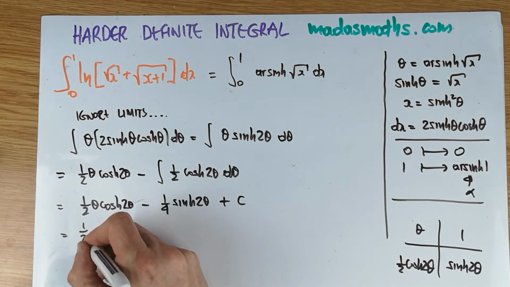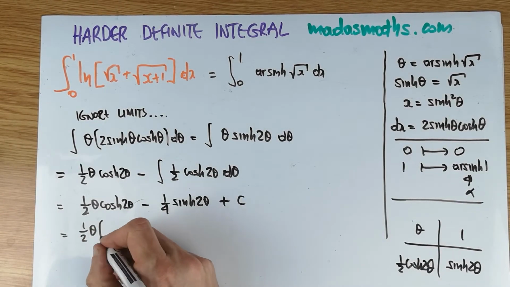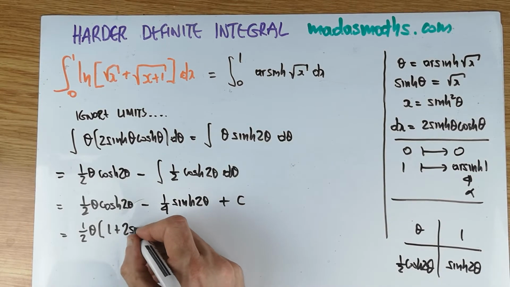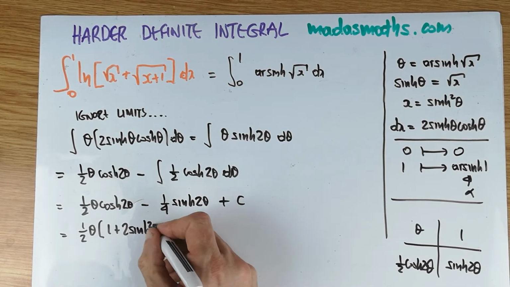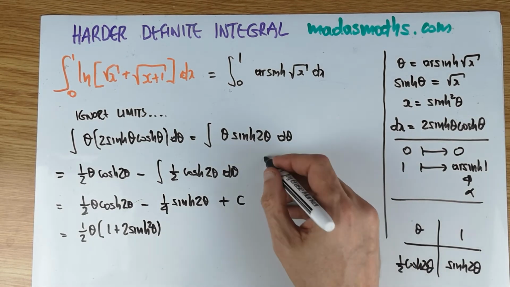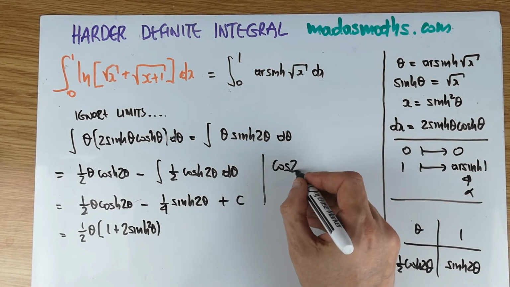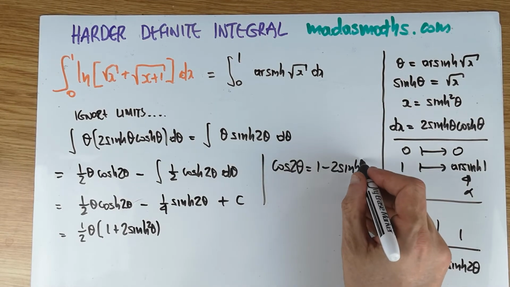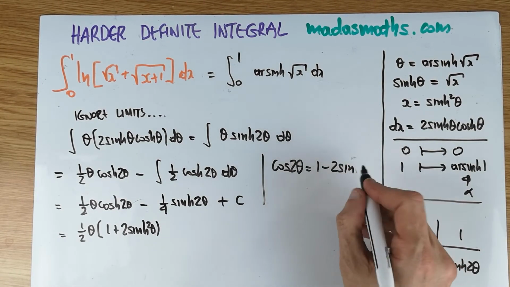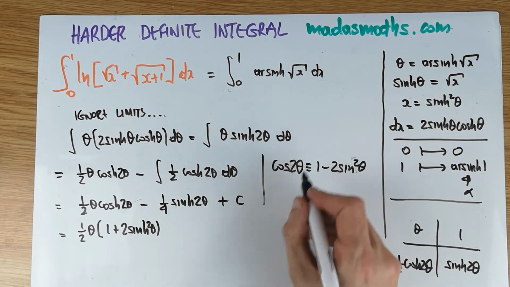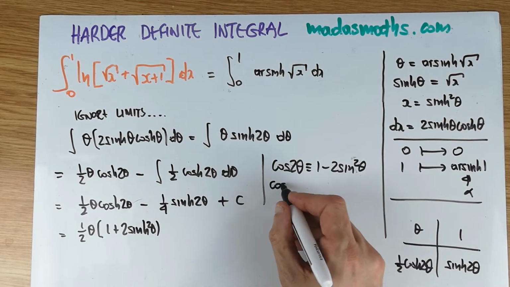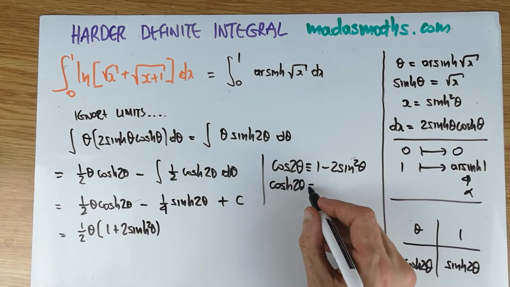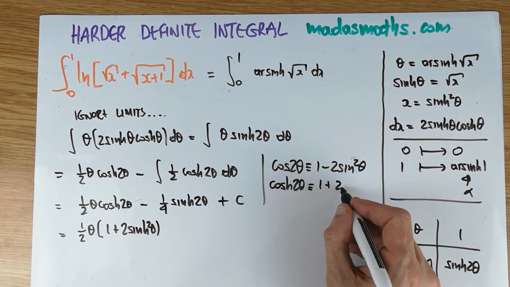So I'm going to put a half theta times 1 plus 2 sinh squared theta. I'm using the identity cosh 2 theta is 1 plus 2 sinh squared theta, not sine, from the trig. And of course, by Osborne's rule, if I have a cosh, it will make that a plus.